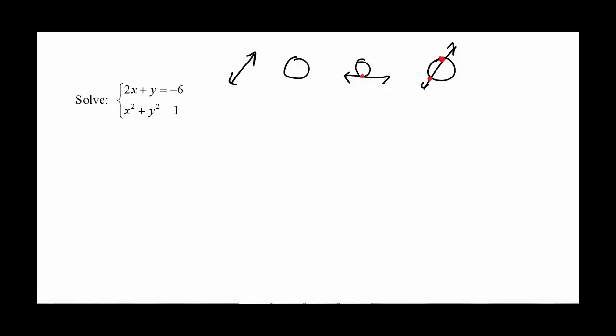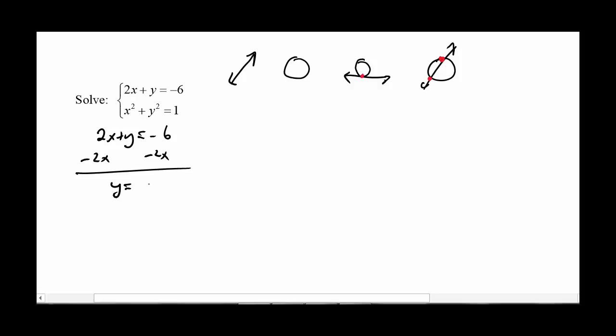And let's see, I don't see a way for us to eliminate anything, so I don't see that we could multiply the top by something to get it to cancel out with something on the bottom. But I do see a way that I can get rid of one of my variables by doing substitution. So I am going to do that. I'm going to take this 2x plus y equals negative 6, and I'm just going to bring the 2x over.